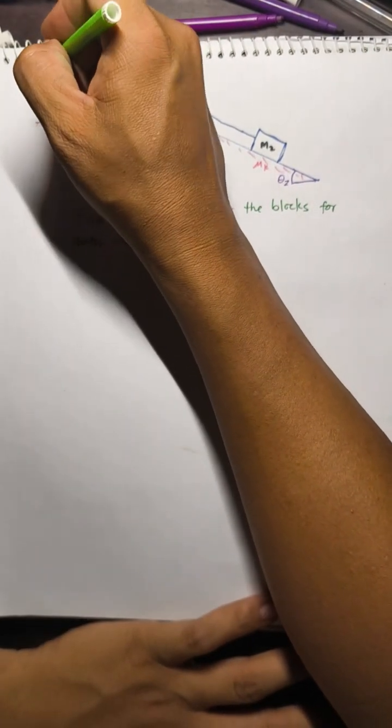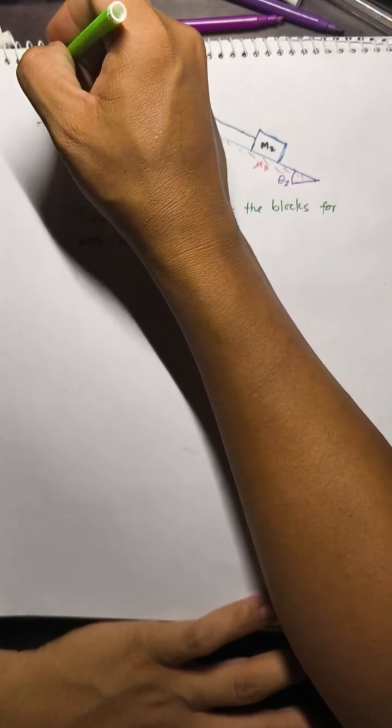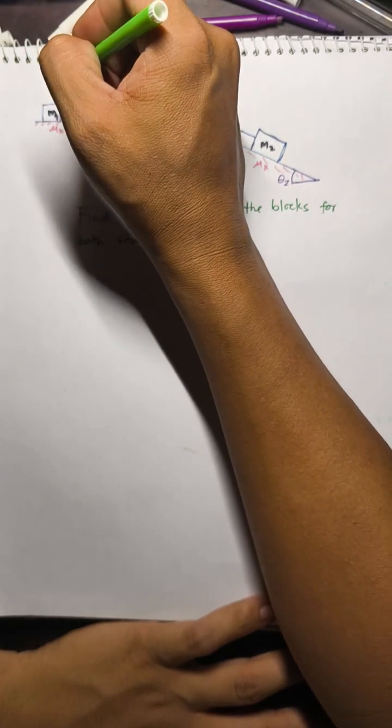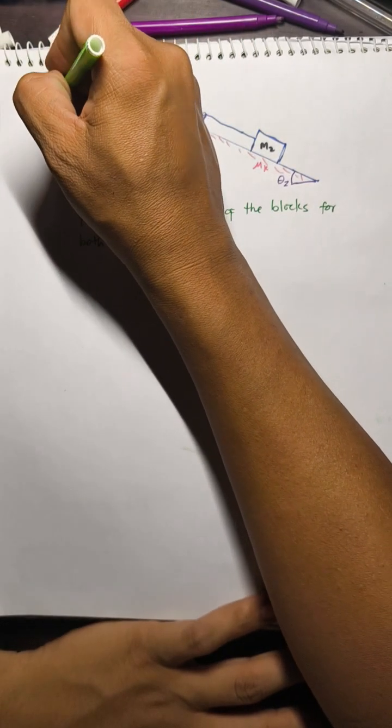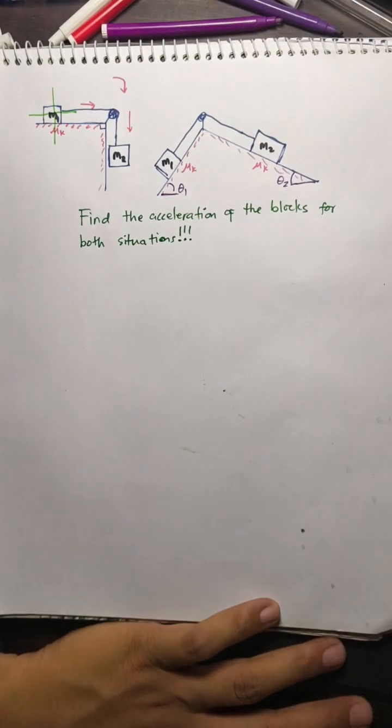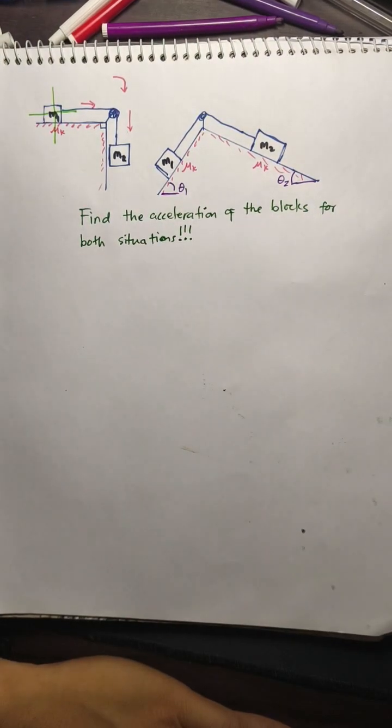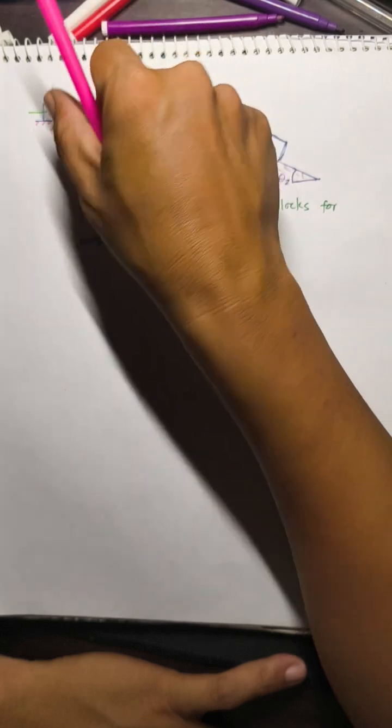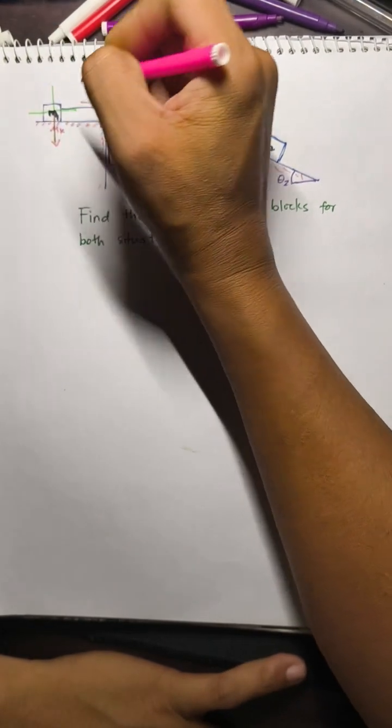Okay, let's get to work. First thing that we do is we must put our axis of coordinates here and identify all the forces. So what are the forces on this? Of course, we have the weight here.